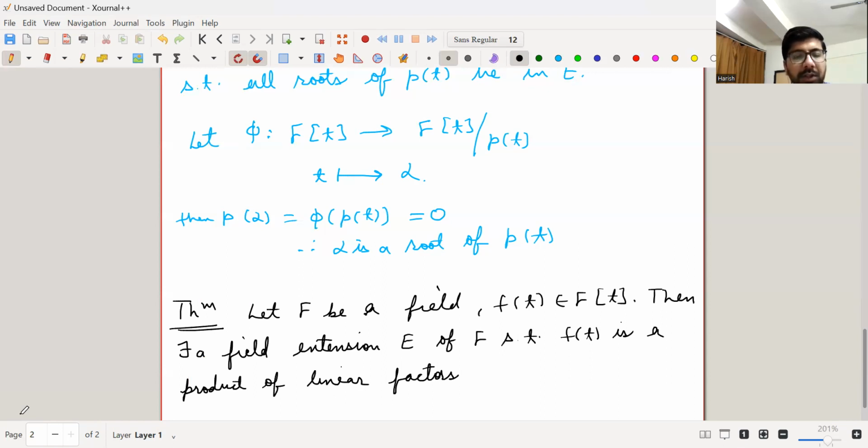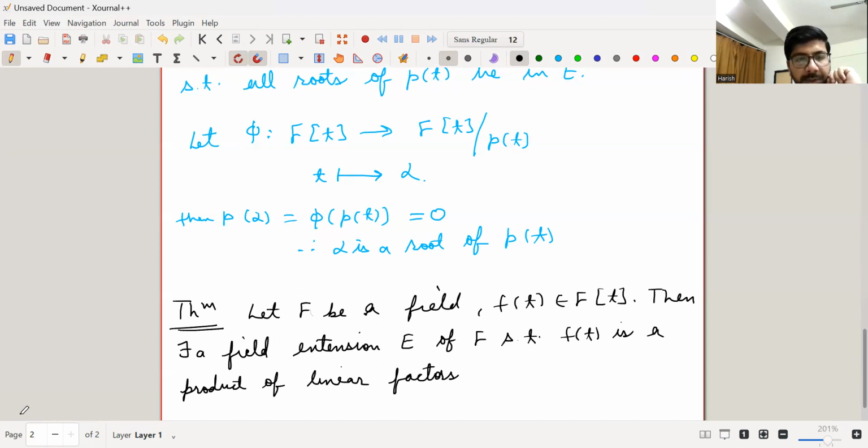So in this field F, this polynomial small f(t) may not be factorizable in linear factors. What do we mean by factorizing in linear factors? You can write it as some (x minus a1), (x minus a2), and so on. That means those ai's are the roots of the polynomial, and they lie inside the field. But in the original field capital F, all roots of the polynomial small f may not be lying.